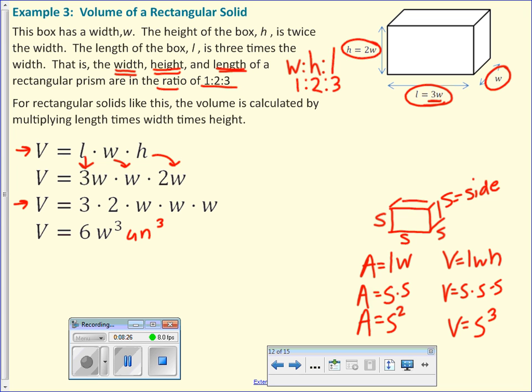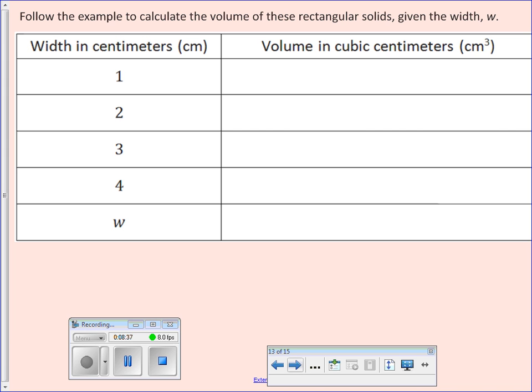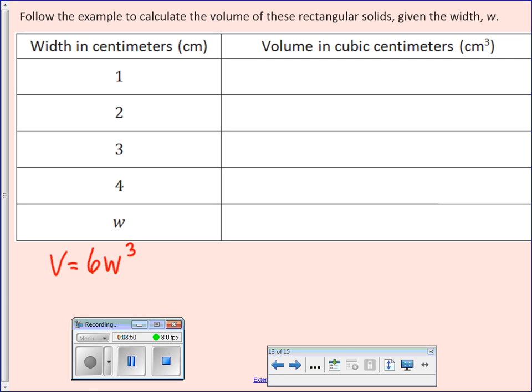All right, so right now we have to leave the volume as a term with the coefficient and the variable because we don't know what the width is. But suppose we do know what the width is. So if the width was 1, we would take our formula, volume equals 6W cubed.